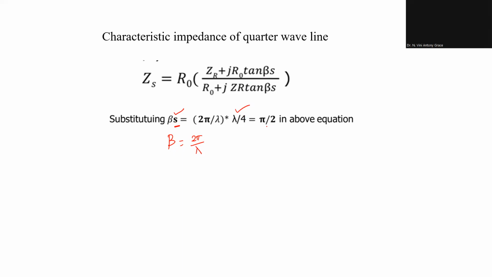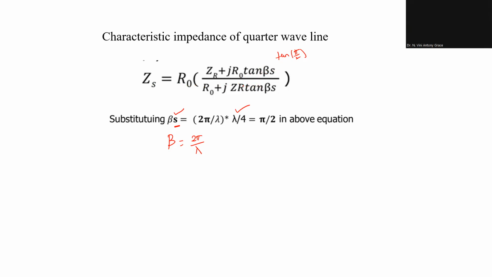Let us substitute this value of beta S in the above equation. If I substitute beta S as pi by 2 here, this becomes tan pi by 2. We all know that tan 90 is infinity. So directly if I substitute pi by 2 in the existing expression itself, this entire input impedance becomes infinite.